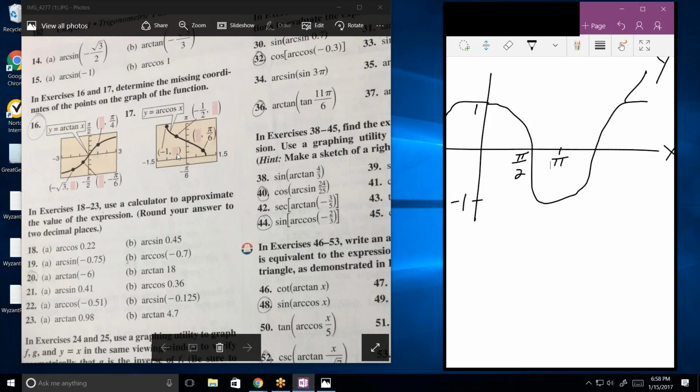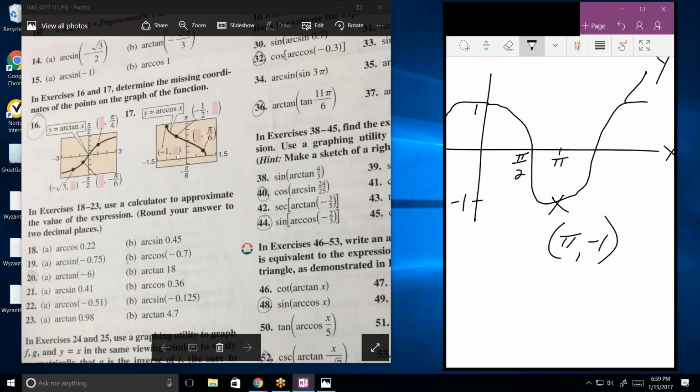Oh, yeah, because you switch. In other words, right here is the point we're talking about. On the cosine curve, that point is pi, -1.